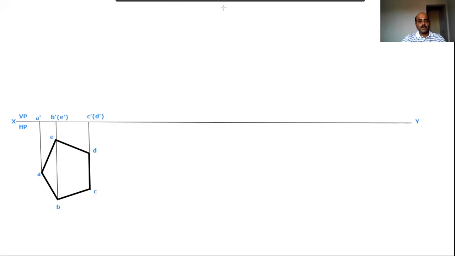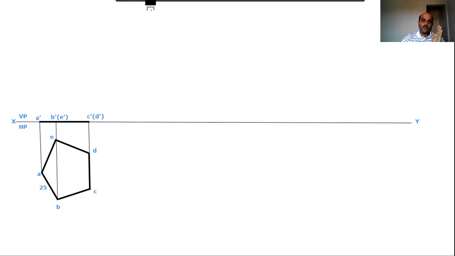Then we can join this with a thick line. So this is a lamina of 25 millimeter side. We also have to show the dimensioning. Dimensioning is very important here, so don't forget to show the dimensions. Dimensions are mandatory. Okay. So this is the initial position of the lamina, which is resting on HP with one of its corners.